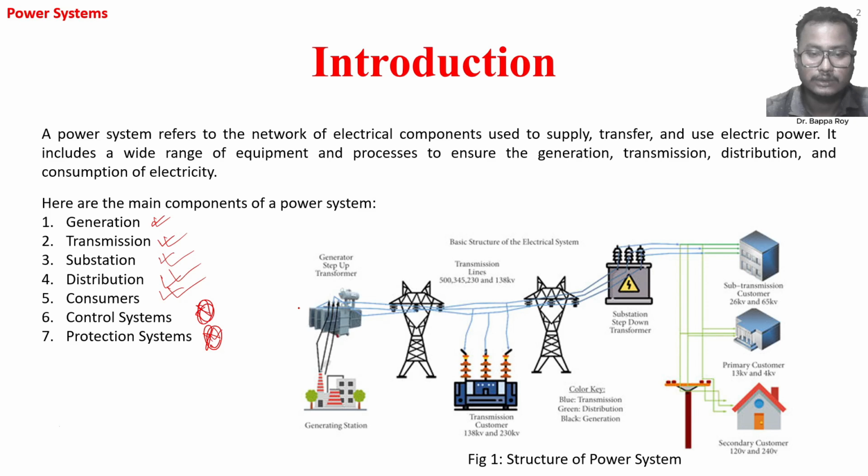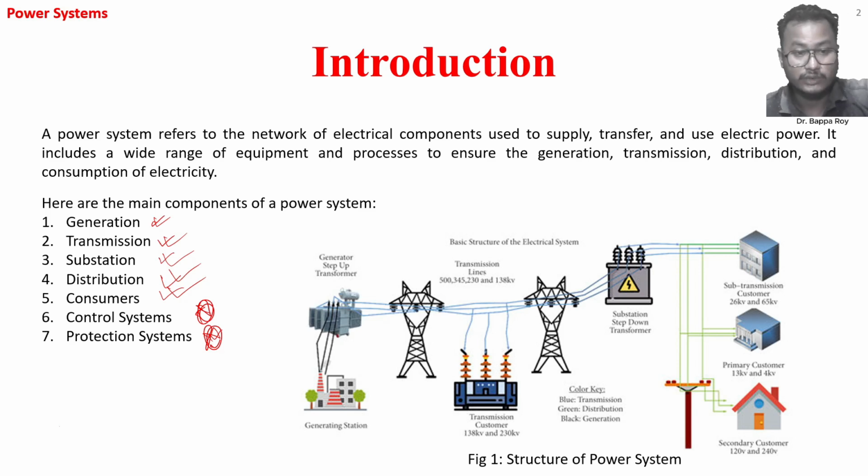To maintain this process from generating to consumer, we need good control systems. Without controlling this process, we can't continuously generate, transmit and distribute.